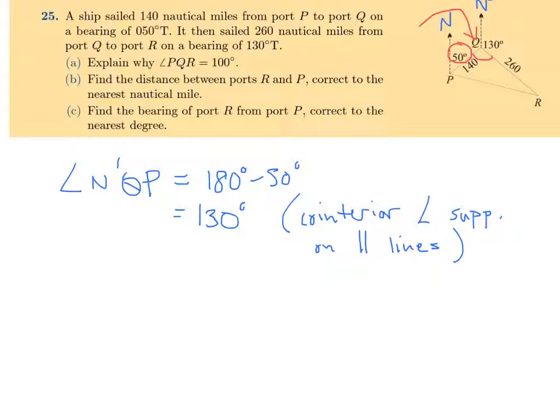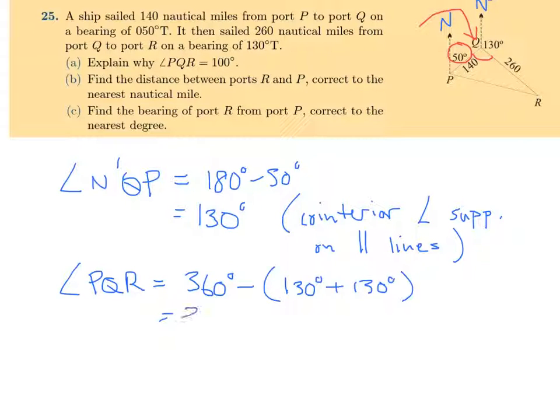Now that we know that angle is 130, angle PQR is going to be 360 degrees minus the two 130s we already have. So that's 360 minus 260, which is 100 degrees.